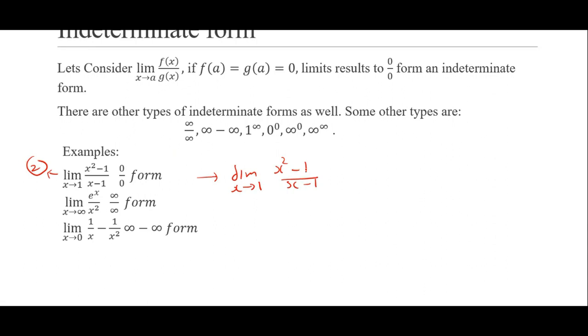First, it is in 0 by 0 form, because when we put x equal to 1, 1 minus 1 is 0, 1 minus 1 is 0. Now, applying L'Hospital's rule, as x approaches 1, we take the derivative of the numerator, which is 2x, and the derivative of the denominator, which is 1. Then put x approaching 1. This implies the limit is just 2.